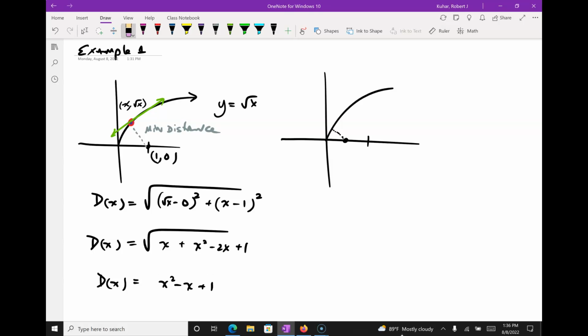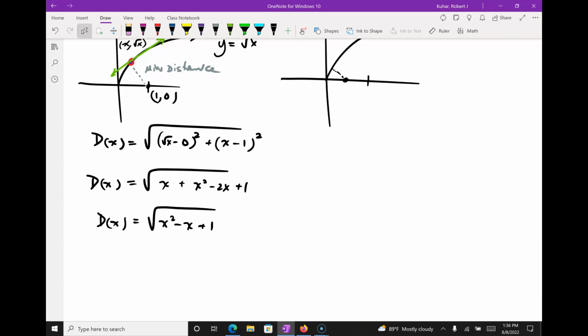So I'm just trying to get a nice function to work with, right? All right, so the rest is the same, right? So find the derivative, find the critical value, answer the question, verify that you have a min distance.